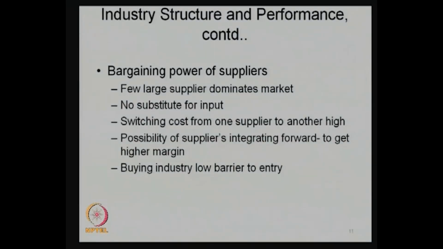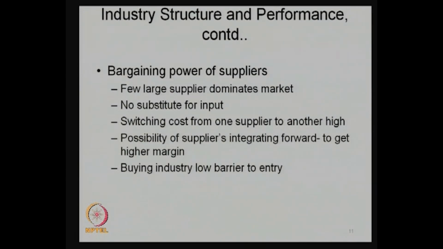That is what we talked about. The switching cost from one supplier to another supplier is very high. It becomes difficult for the buyer to switch from one input to another, or from one supplier to another. Then there could be a possibility that the suppliers themselves integrate forward to get a higher margin.